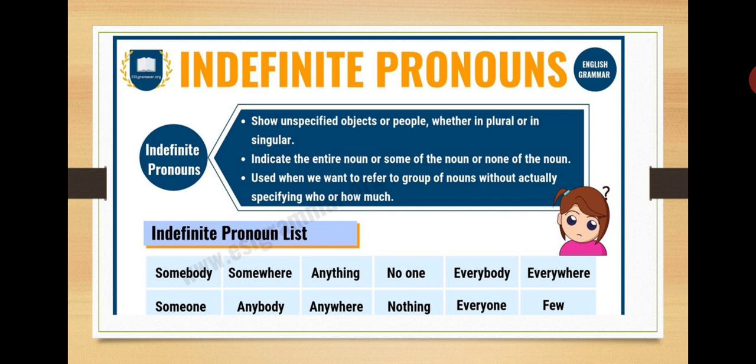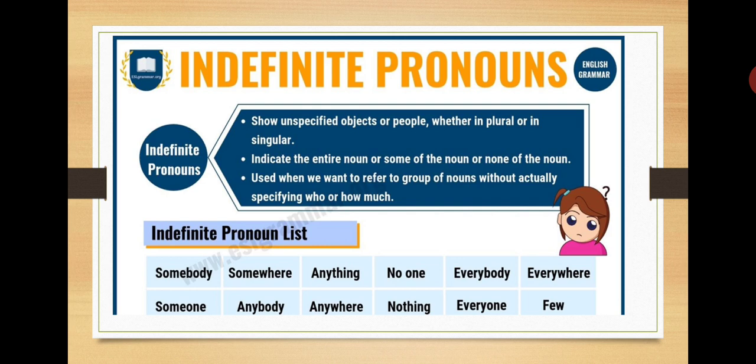One must love one's country. Somebody spoke to me on the telephone. All is not well with him. Nobody is going to help you. So these are all examples of indefinite pronouns. Now, for your understanding, it is used to indicate the entire noun or some of the noun or none of the noun.